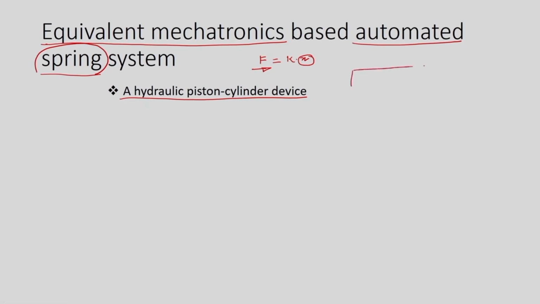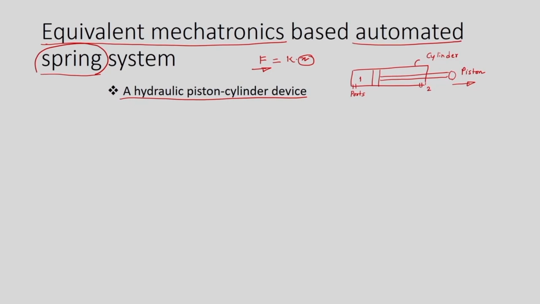It has a cylinder, the cylinder has a piston, and the cylinder has two ports, port number 1 and port number 2. When we apply pressurized fluid through port 1, there is an extension of the cylinder, the piston will come out of the cylinder.